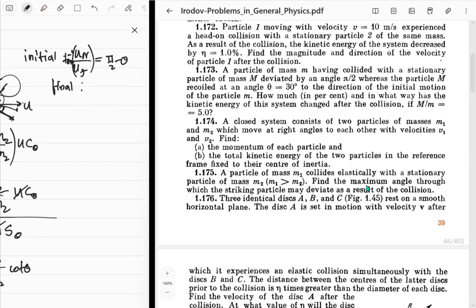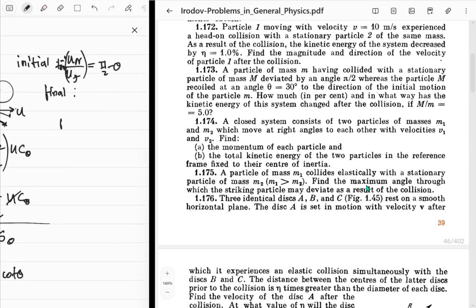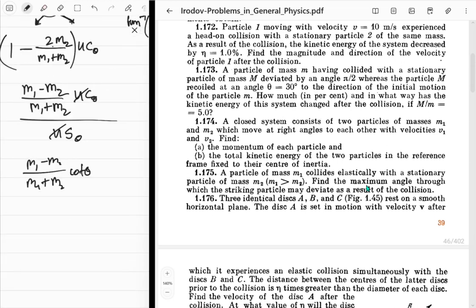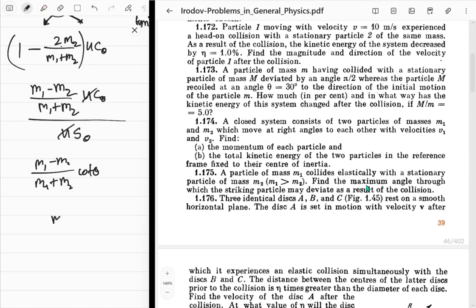Just take the reciprocal, and you get m1 plus m2 upon m1 minus m2 times tan theta.